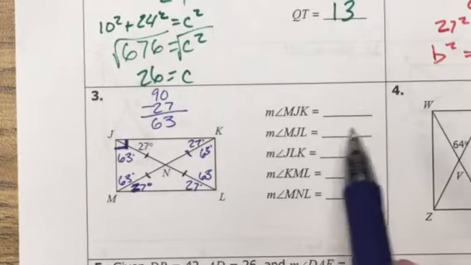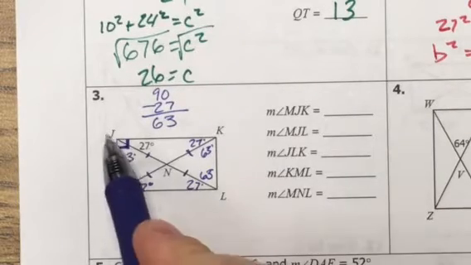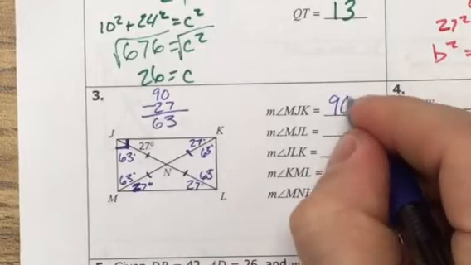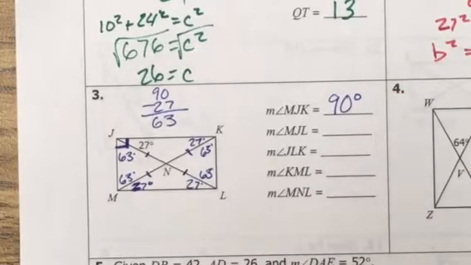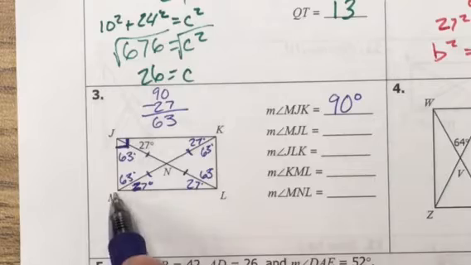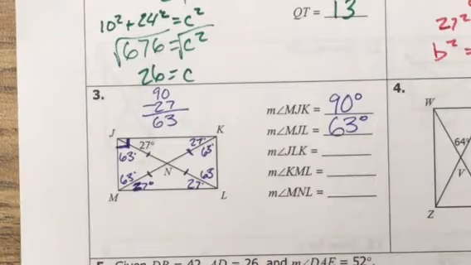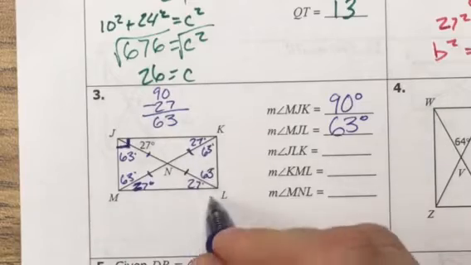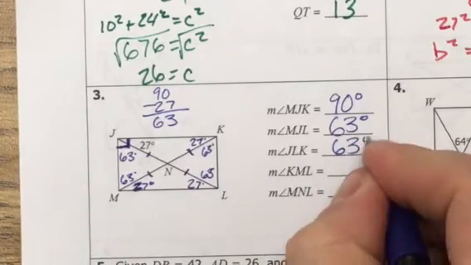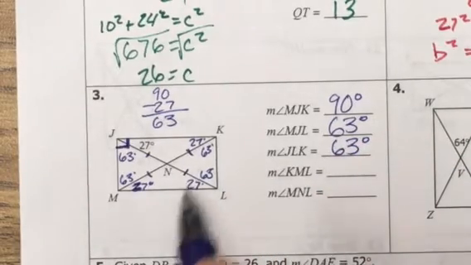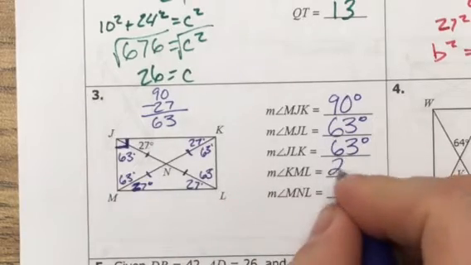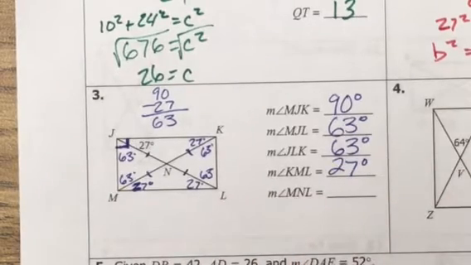Let's look through it. MJK. MJK would be 90 degrees. And then we've got MJL. MJL is 63 degrees. JLK. JLK is 63 degrees. KML. KML would be 27 degrees.